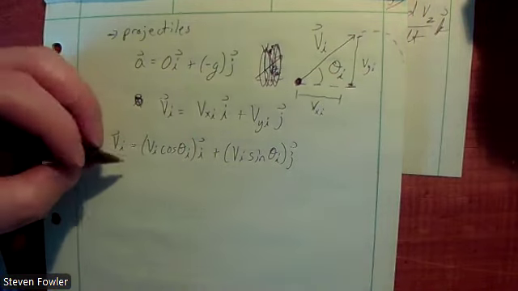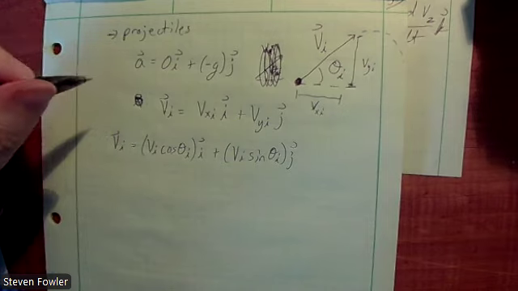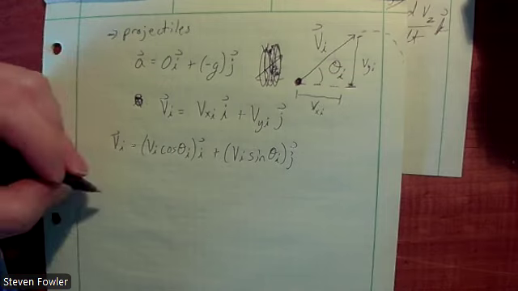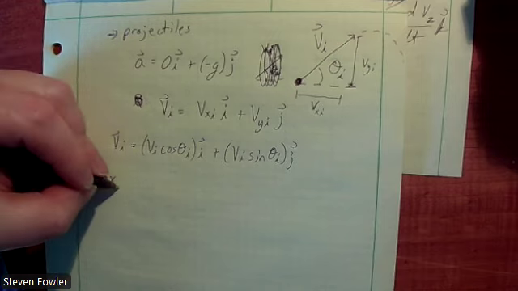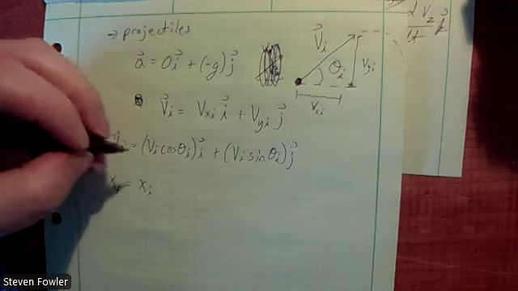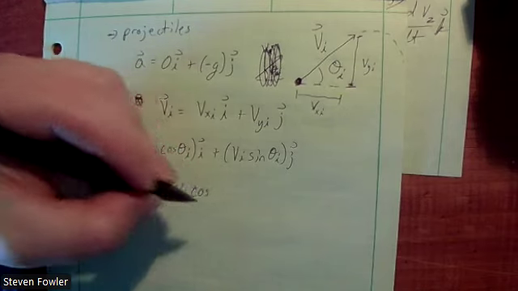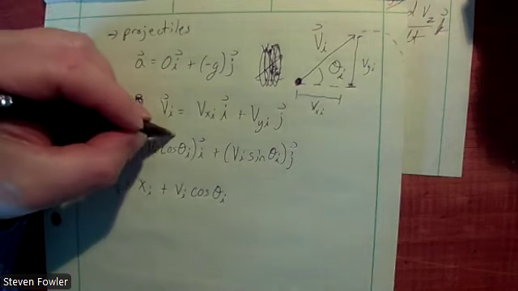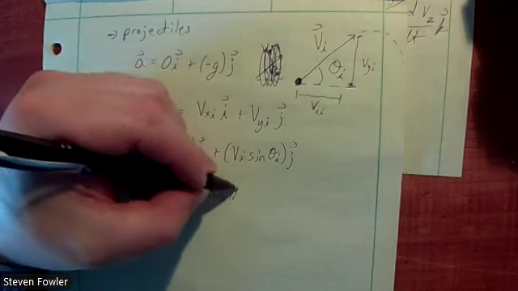And then we find that your x location. So what we can do is we can say, well, your x final location is going to equal your x initial location plus this Vi cosine theta I, which is just Vxi, times time.